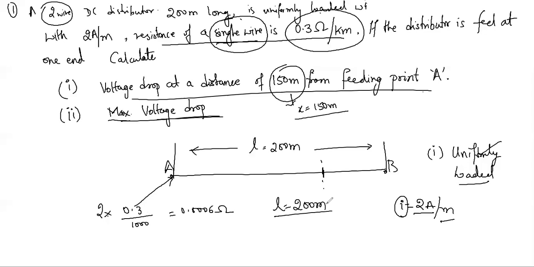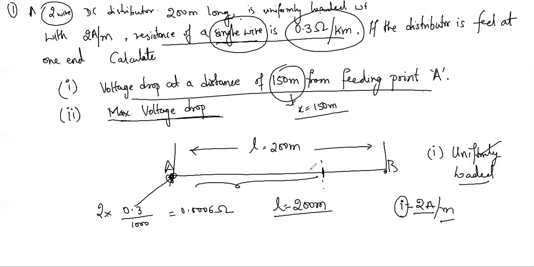First you need to calculate the voltage drop up to a point X, that is, up to a distance X from the feeding point A. Hope you have understood it.